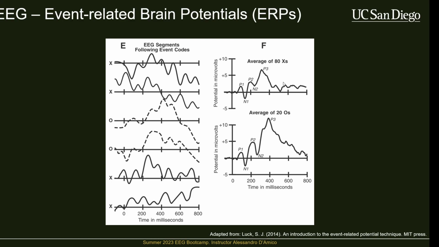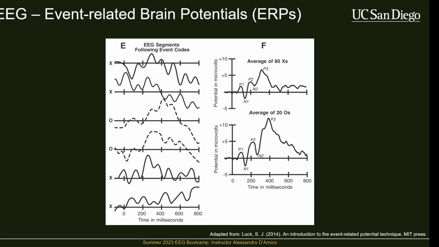So there's a couple things that make something an actual component. First, how reliable is it to generate? Is this something that you're able to generate from specific types of experimental manipulations? Are you seeing this in only a subset of the population? What's generating it? You also need to understand where on the scalp you're getting these signals. It's very uncommon to see the signals across the entire scalp.